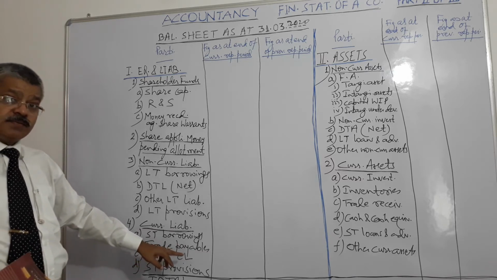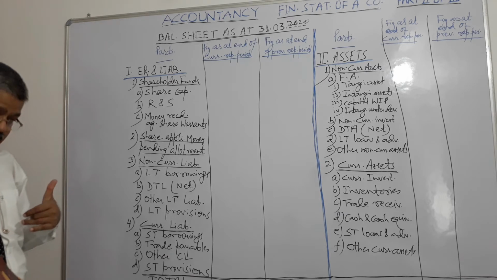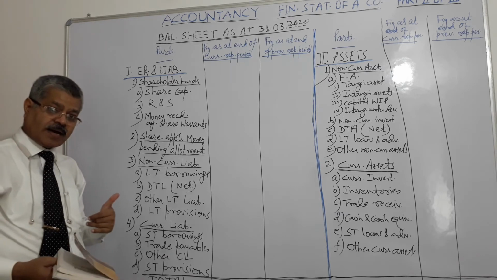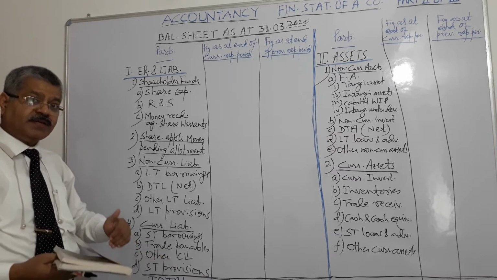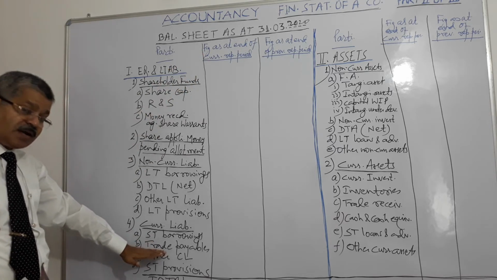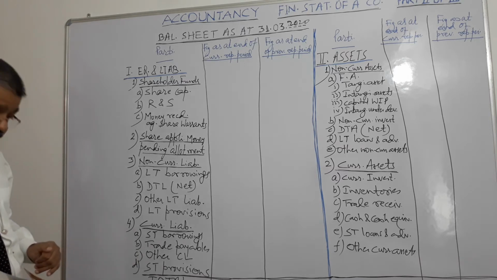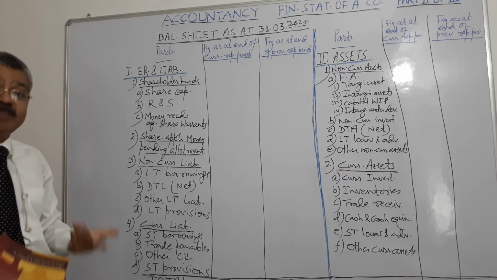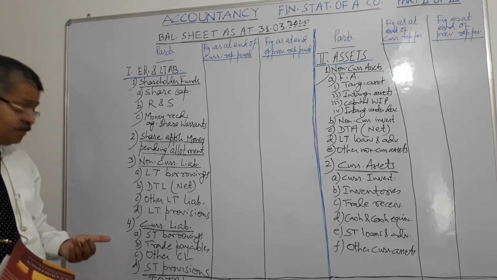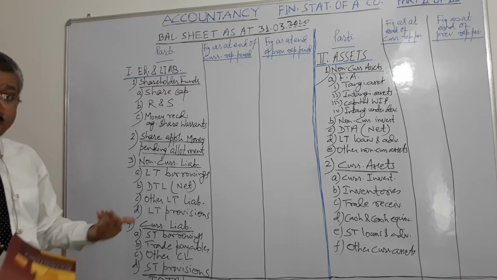Trade payables. The company has purchased goods on credit, and the credit terms are that they need to be paid within the next 12 months from the balance sheet date. That is current liability. Other current liabilities, right? Sundry creditors, expenses, or the company has incurred expenses but is yet to pay.